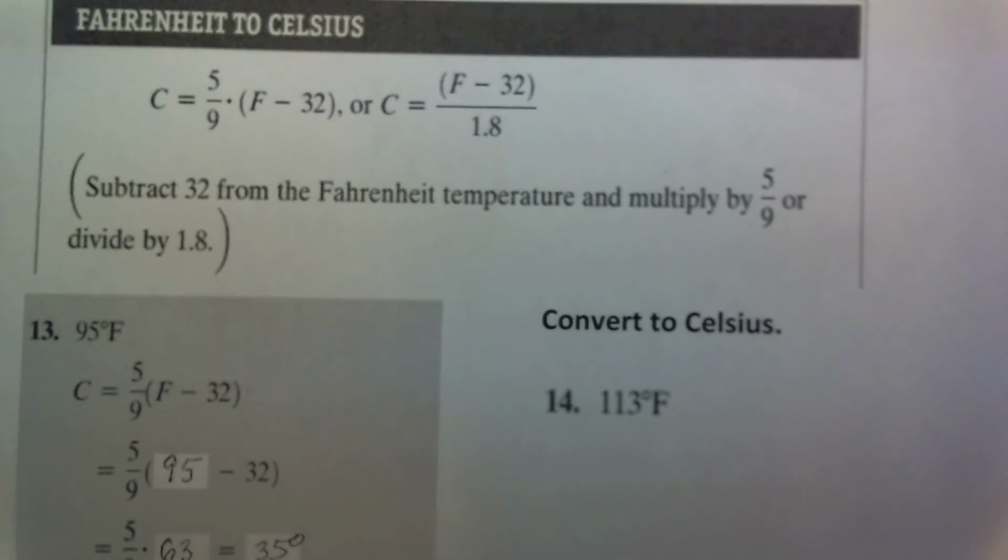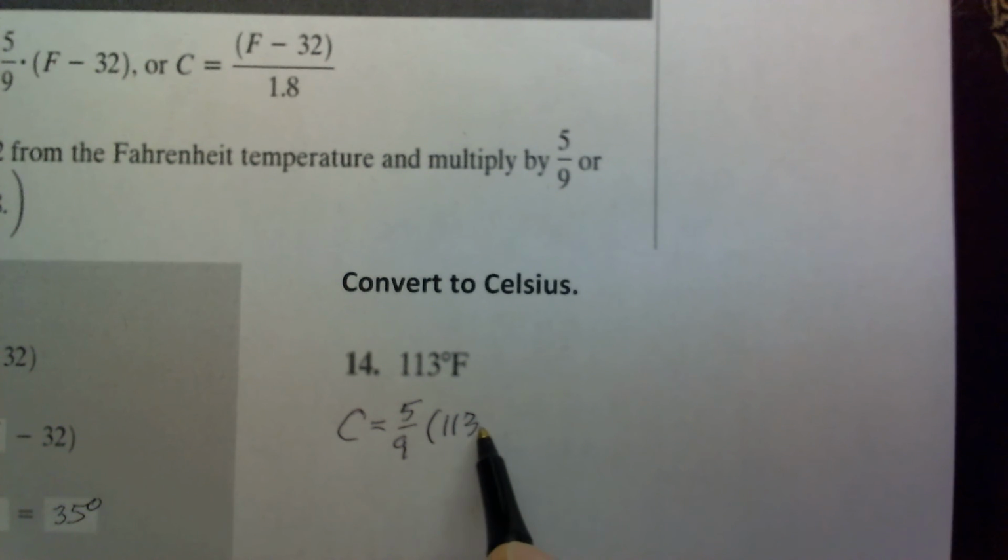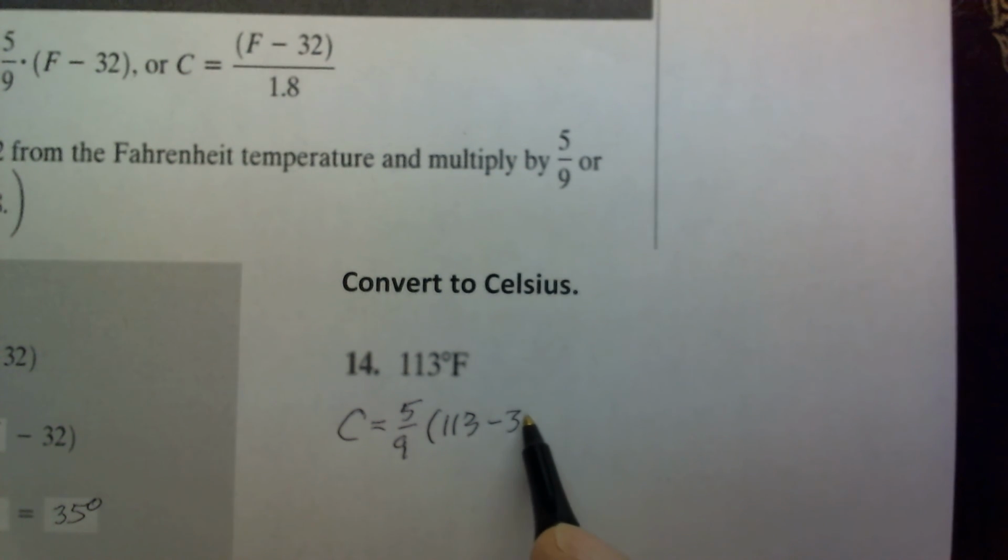Similarly, for number 14, we use the same formula. C equals 5/9 times degrees Fahrenheit, which is 113 in this case, minus 32. And 113 minus 32 is 81.